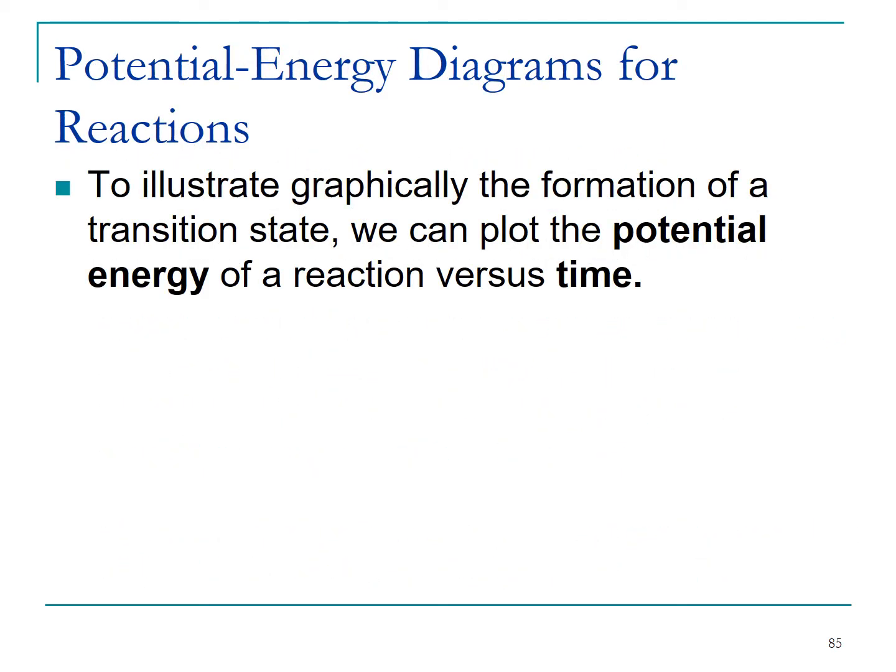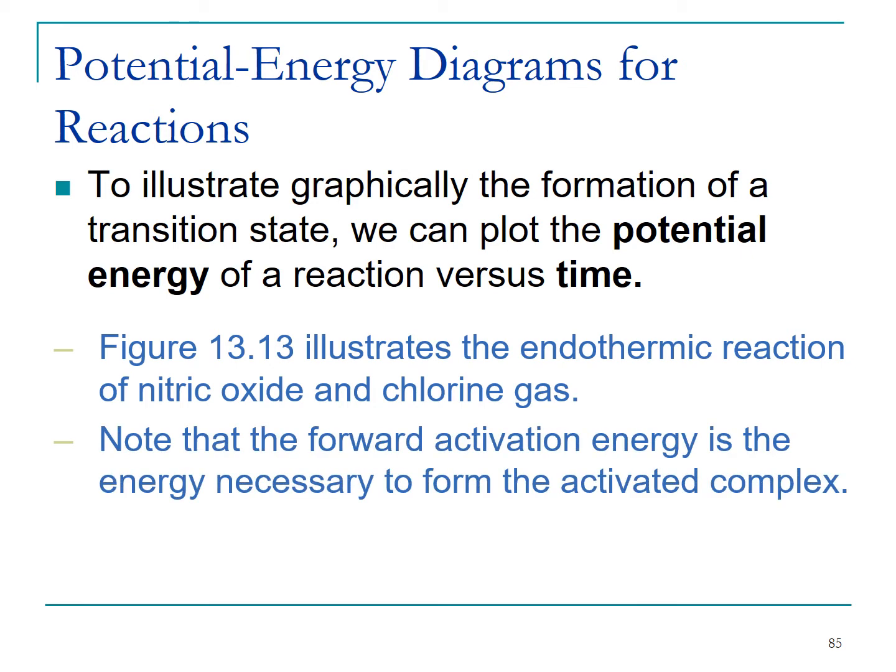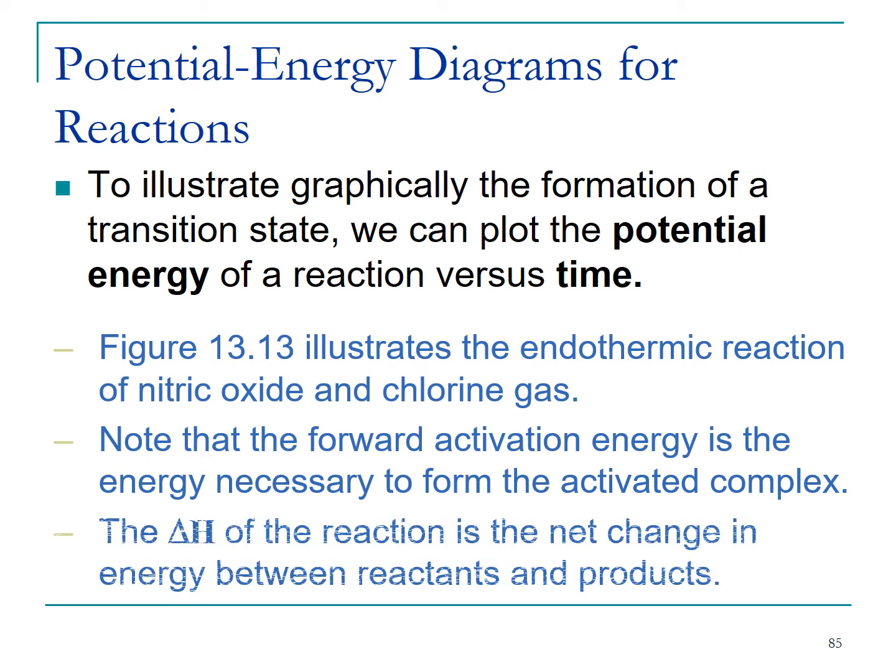Okay, so we can actually make a potential energy diagram, which takes time on the x-axis and energy on the y-axis, and we can plot it. We'll see the graph in just a second. We want to see that the activation energy is the energy needed to go from the start up to the activated complex, which we'll see in just a second.